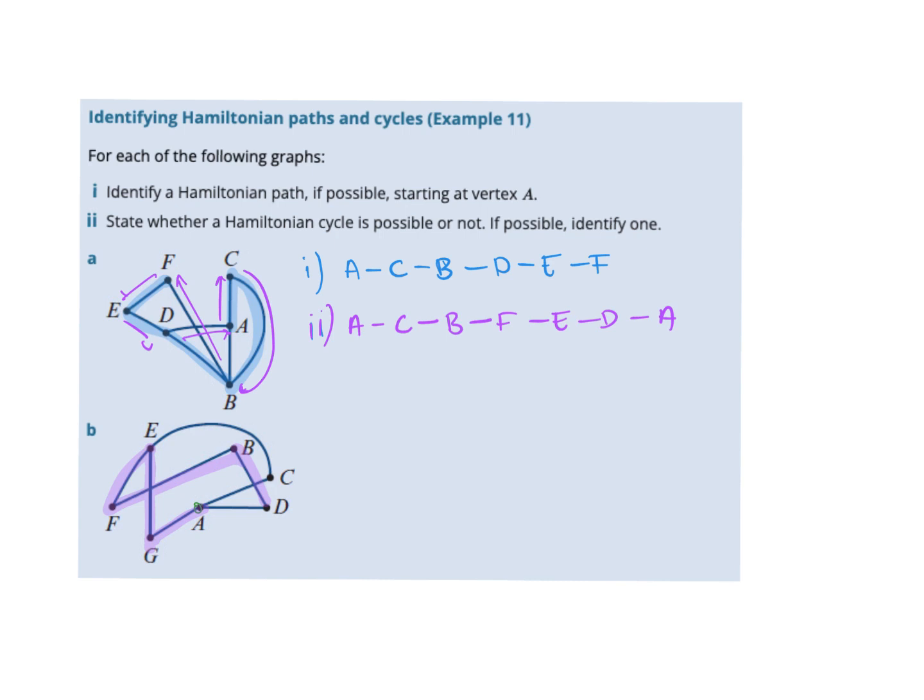Do we think it's possible? No. So we'd probably just say for this one, not possible, and that might be just with us starting at A. So it's not possible starting at A. If I can't get a path, I'm not going to get a cycle. So let's just leave it at that.